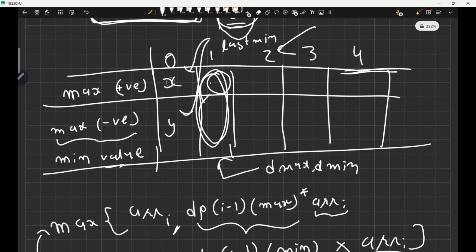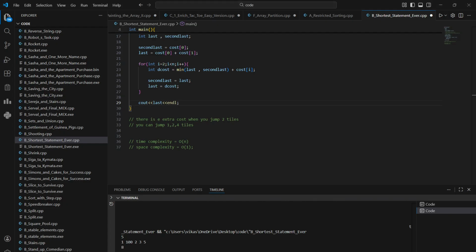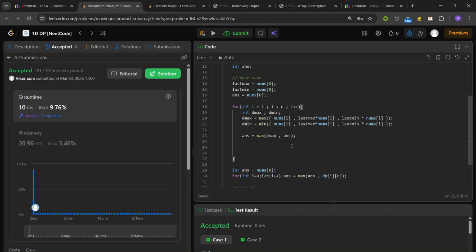Now when I go to this two, I know that this d min and d max are going to be the last min and last max, right? So now here, the last max is going to be this d max, and this last min is going to be the d min. And now I will just ignore this case and return.